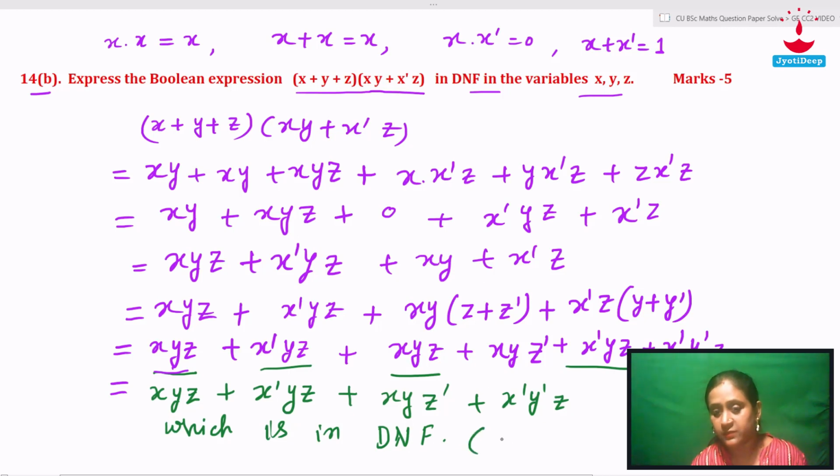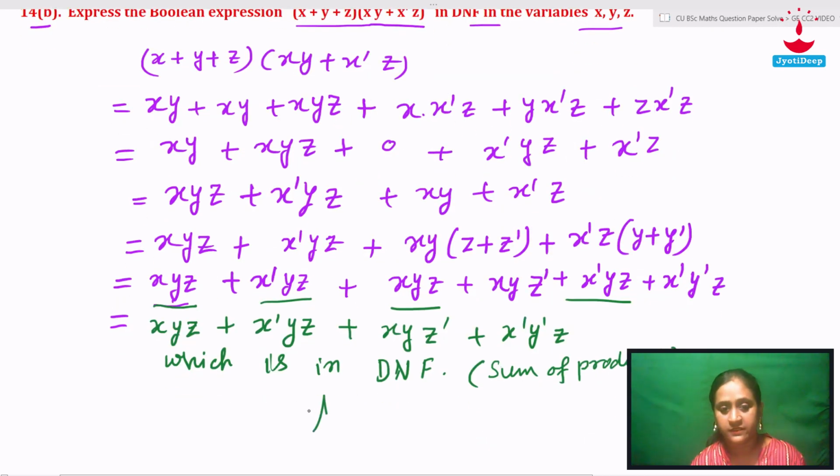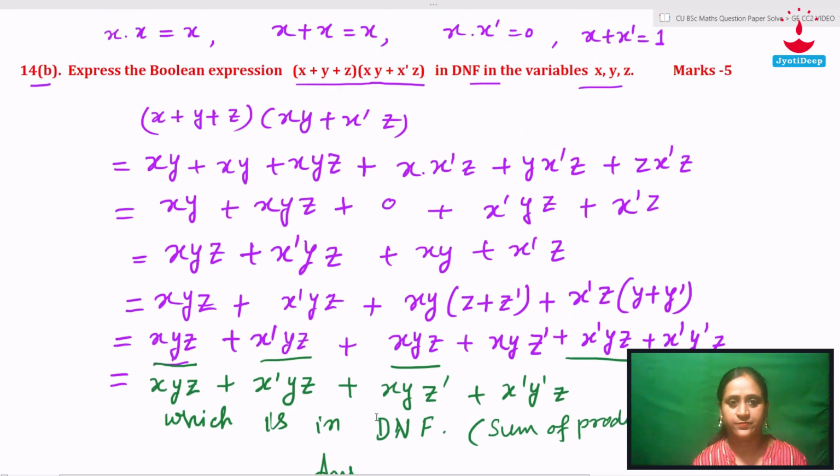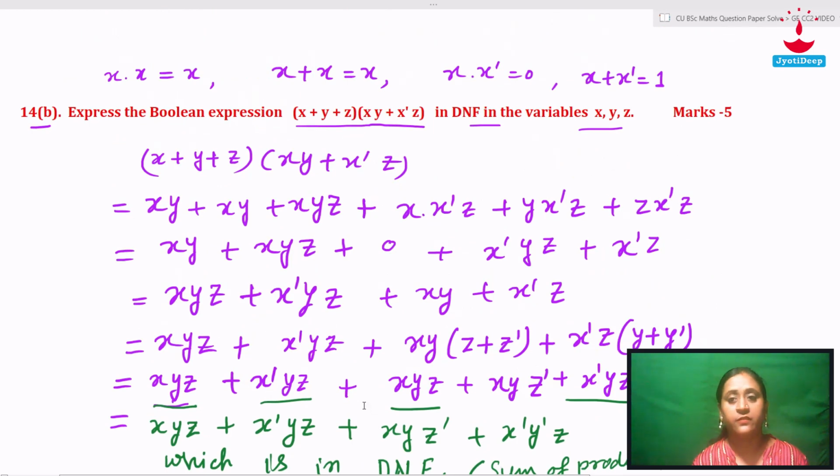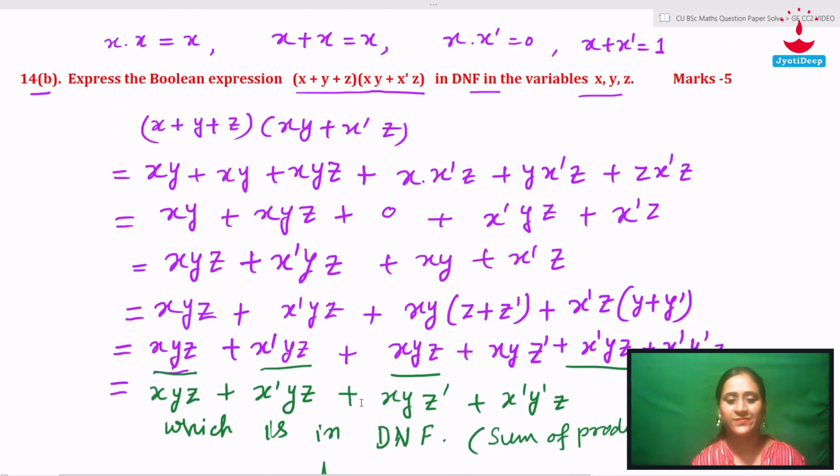This form is called sum of products. These are the sum of the products of three variables. This is our answer. Very easy.